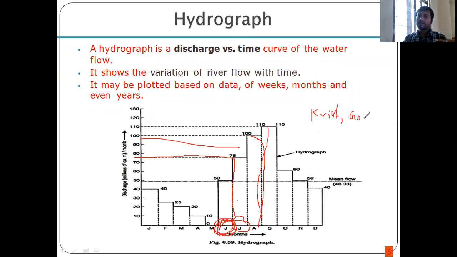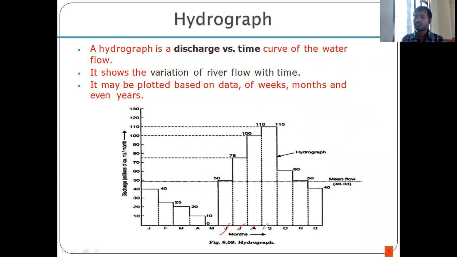Take the Krishna river and Godavari river in our state, and the Krishna and Tungabhadra rivers, both join at Gadwal, and the flow of water through the rivers increases during June, July, August, September.